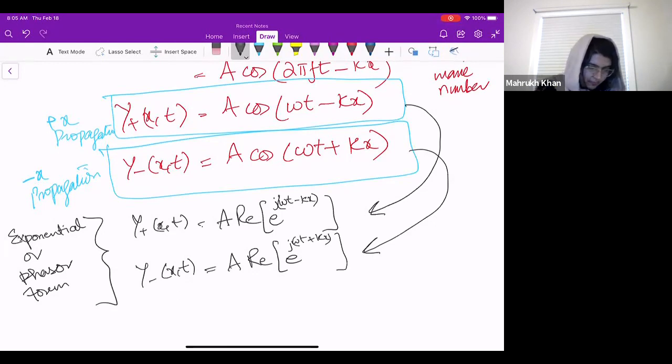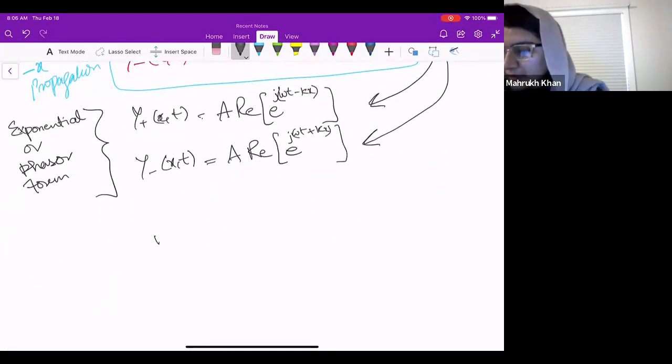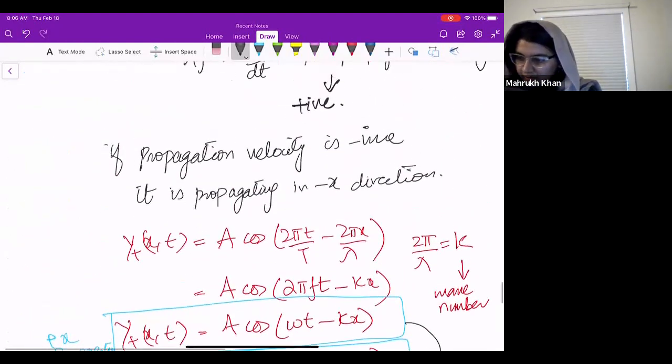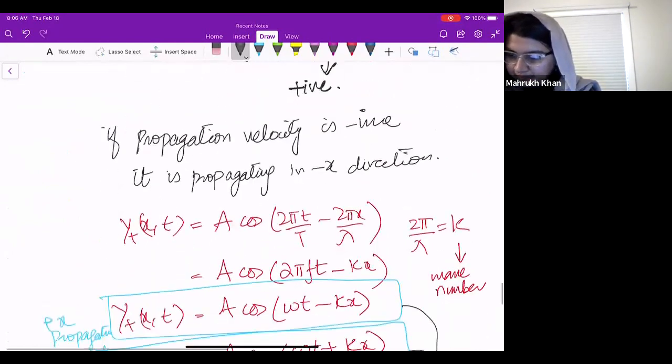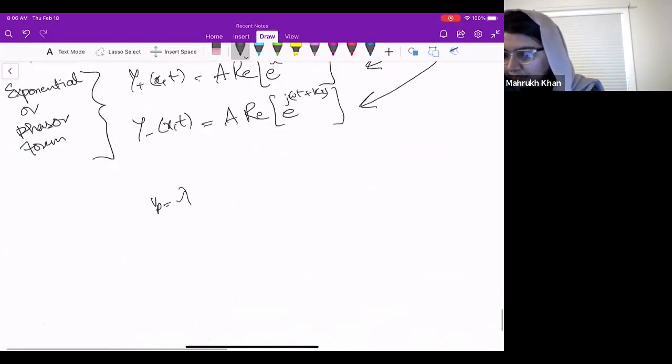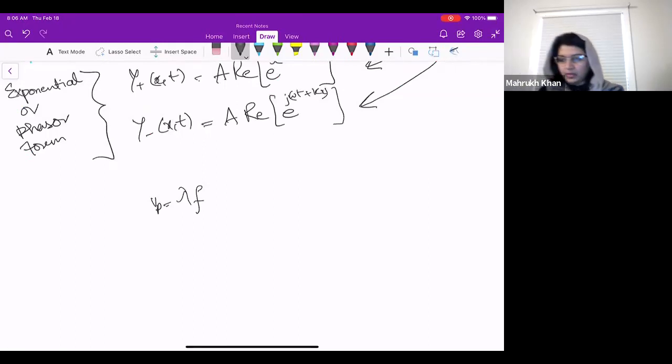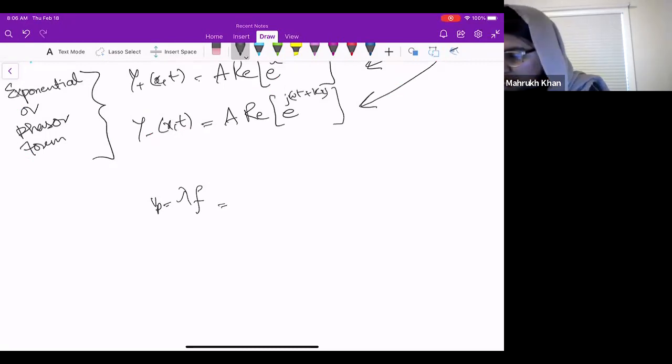Now if we move further, another thing is that we said that phase velocity was lambda f, right? And we can also write it as omega over k.